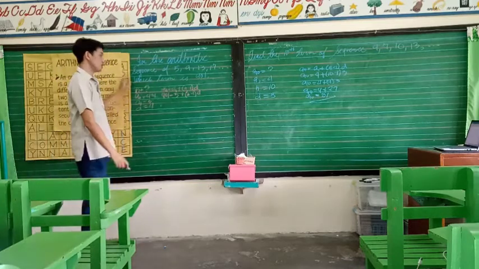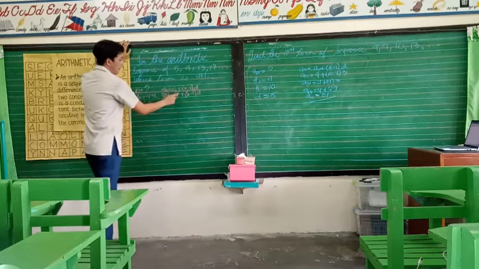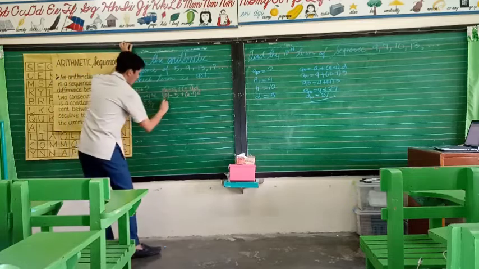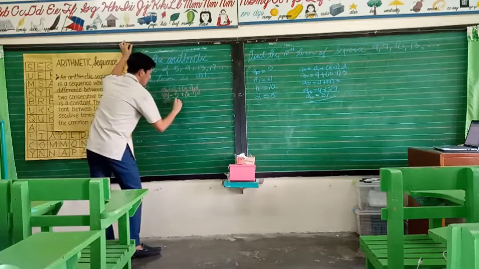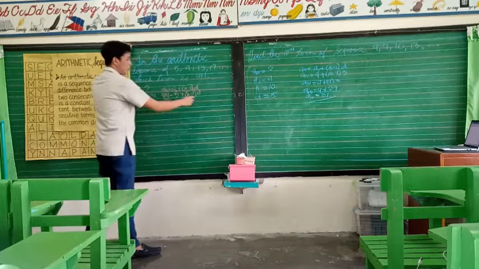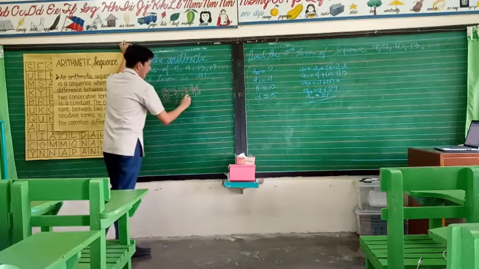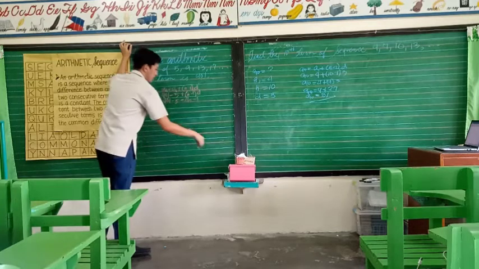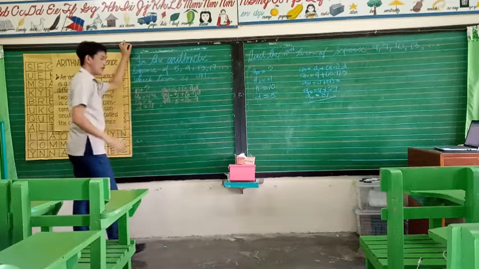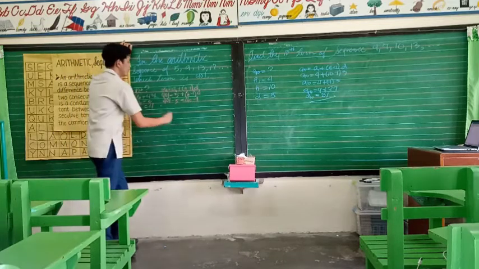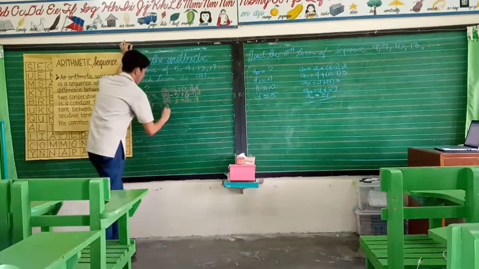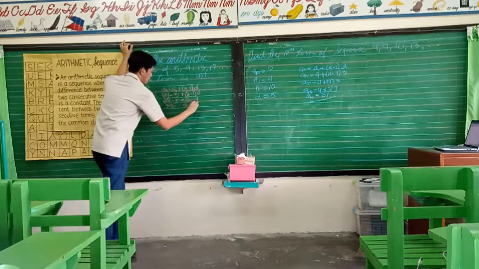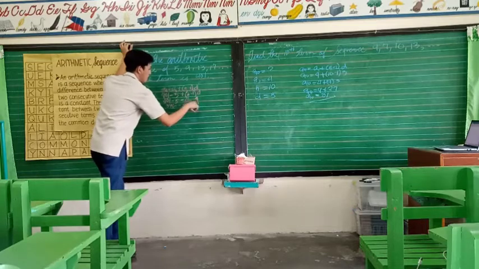What we need to do is transpose positive 5 to the right, and it will become 401 minus 5 is equal to, we have to multiply n minus 1 by 4, and it will become 4n minus 4. So we have now 401 minus 5, which is 396. Okay, 396 is equal to 4n minus 4.